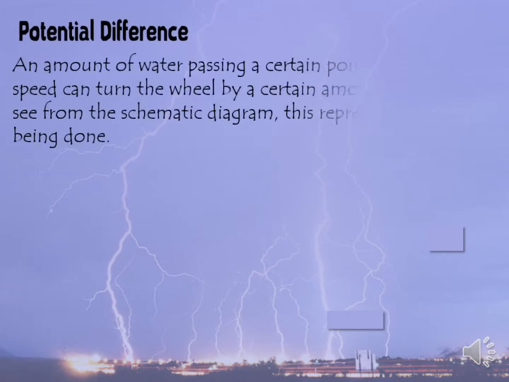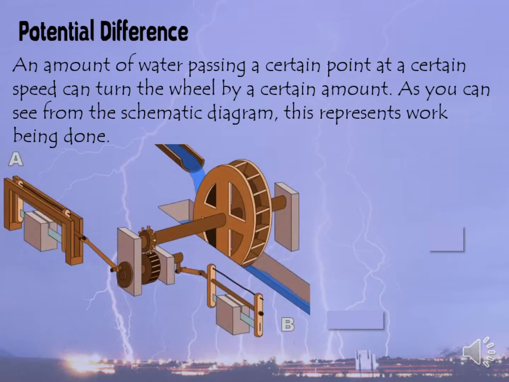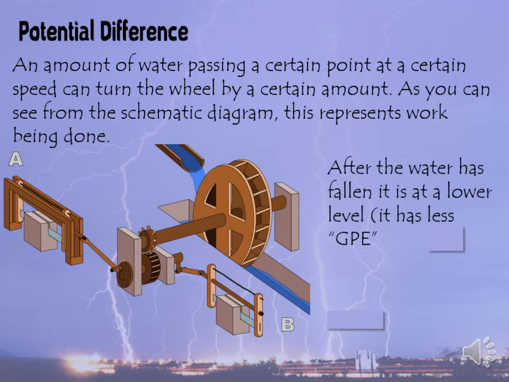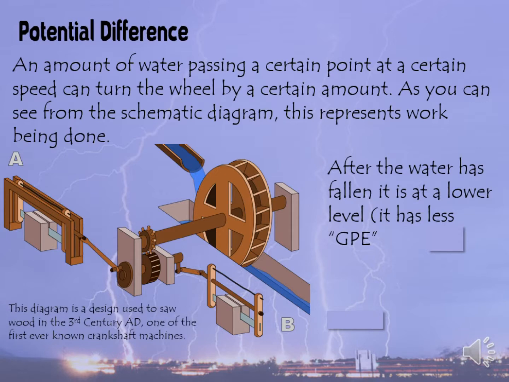So now if we think about a water wheel in our river, a certain amount of water passing a certain point at a certain speed is going to have the effect of turning that water wheel by a certain amount. And as you can see from this diagram here, it's going to represent work being done.